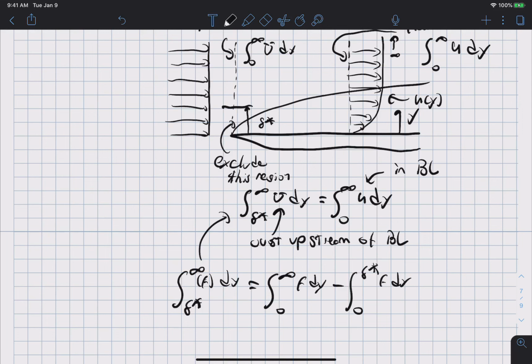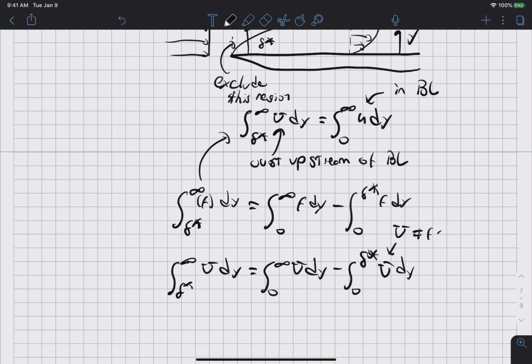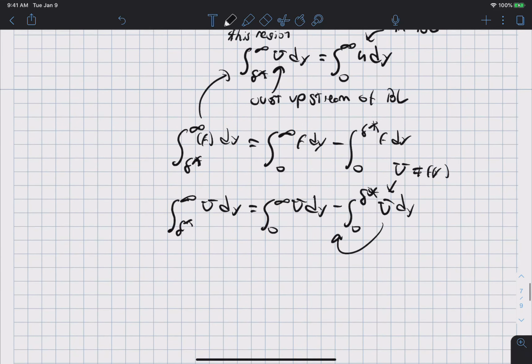Well, I can apply this to u, and then I have the integral from delta star to infinity of u dy equals the integral from 0 to infinity of u dy minus the integral from 0 to delta star of u dy. Well, the free stream velocity cap U is not a function of y, so I can just yank that out. And so the second little integral here is equal to U times the displacement thickness delta star.